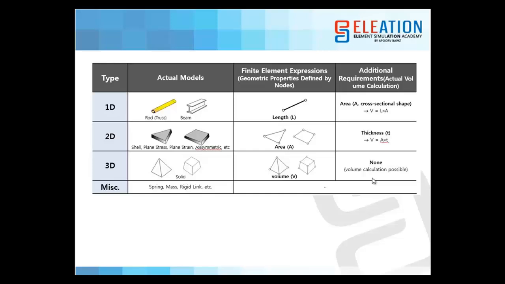Then in 2D, say for example, my actual model is a shell, plane stress, plane strain, axisymmetry, etc. Or let's consider some planar component, sheet metal components, or a bonnet, where the length and width are very large as compared to the thickness.